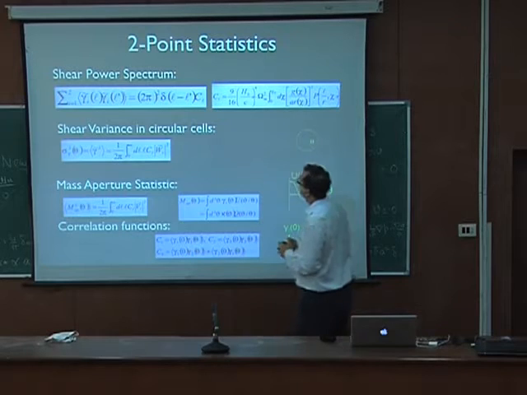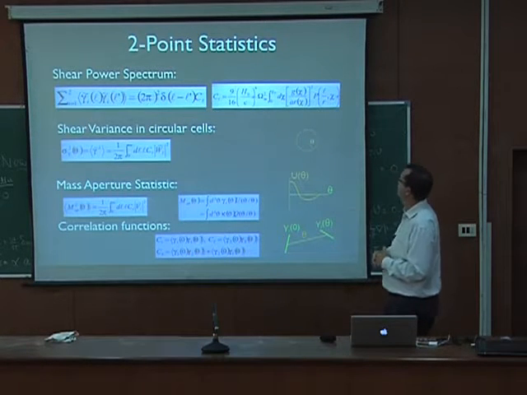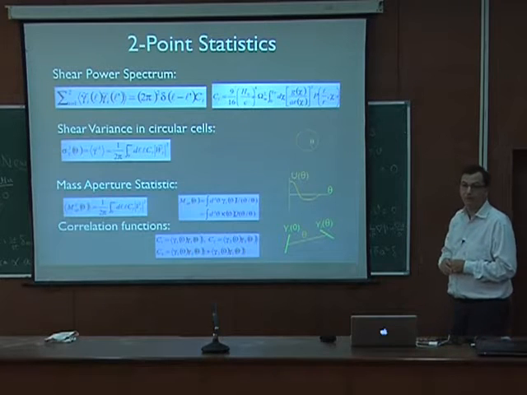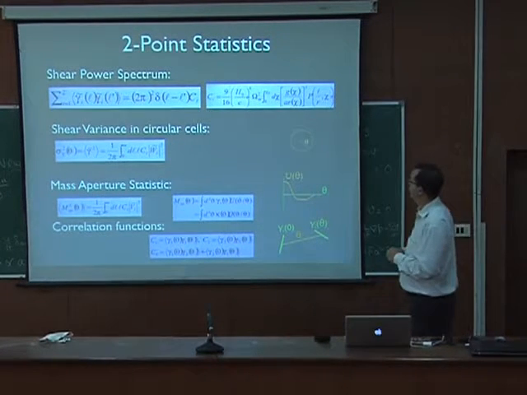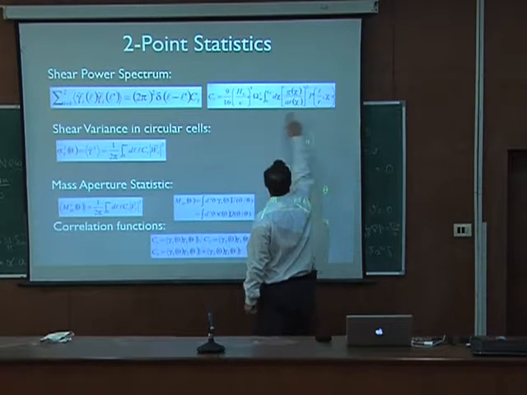Now the nice thing about the shear power spectrum is that we can relate it directly to the power spectrum of the density fluctuation. So we can show that this shear power spectrum can be written like this.